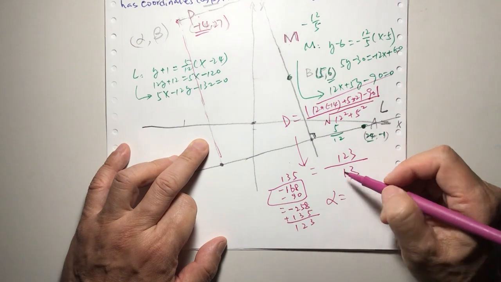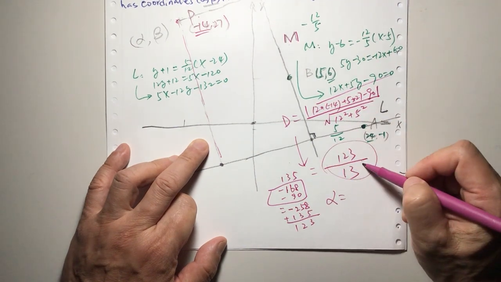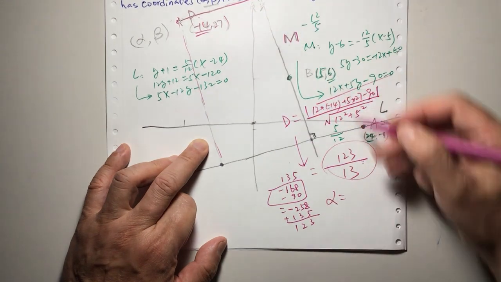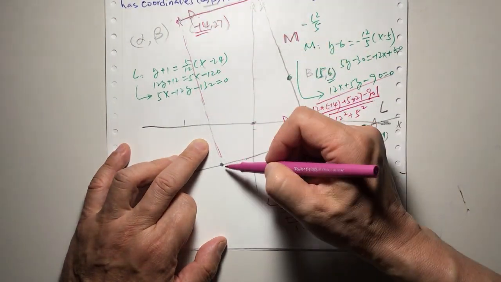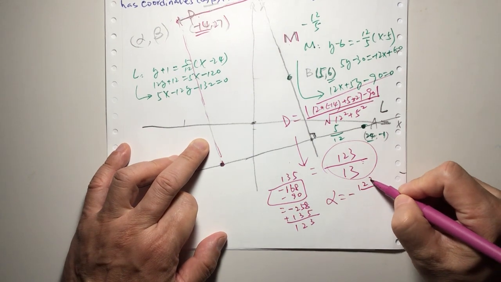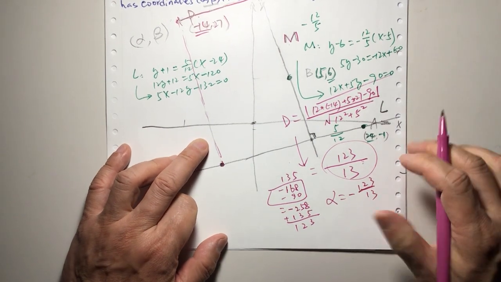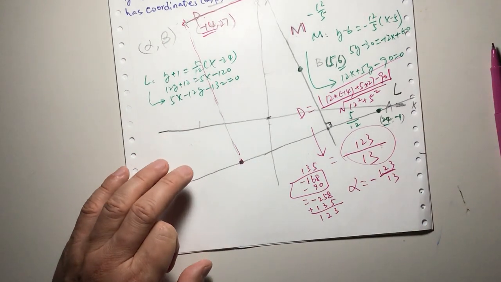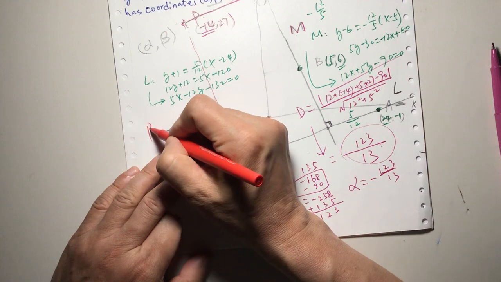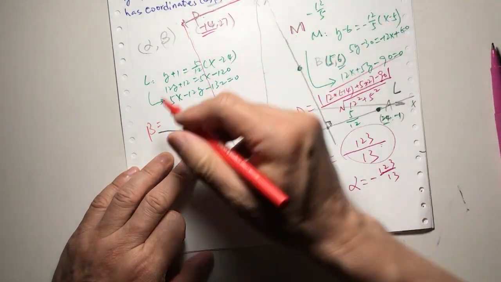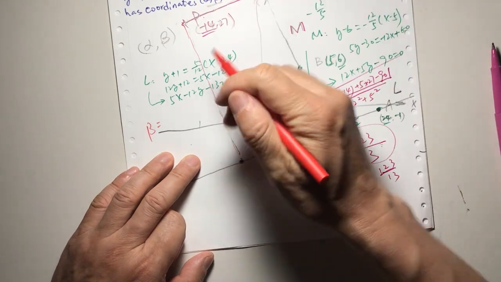Alpha is -1 times this distance. That distance is how long it is from here to here, but alpha is a negative number. So alpha is -123/13. Then we calculate beta. Beta is the distance to line L, so it's positive.